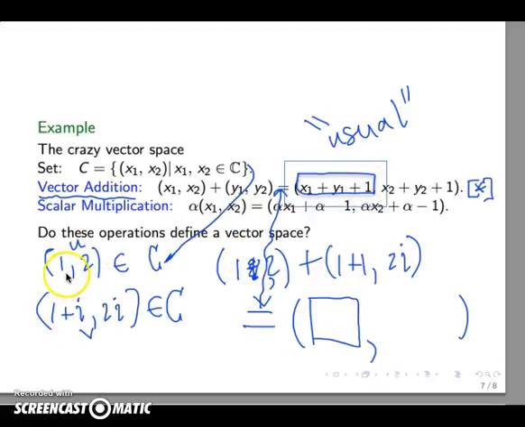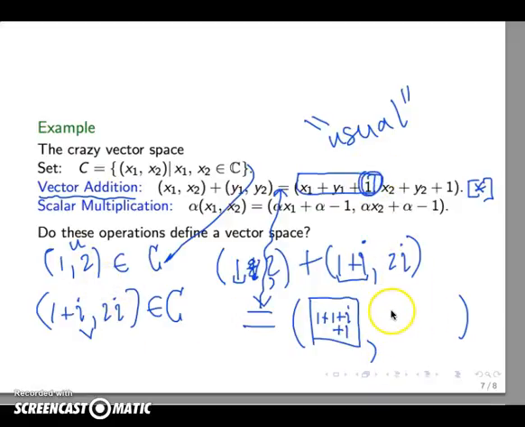So we would have 1 plus 1 plus i, and then we add the number 1, because that is what this definition is telling us.